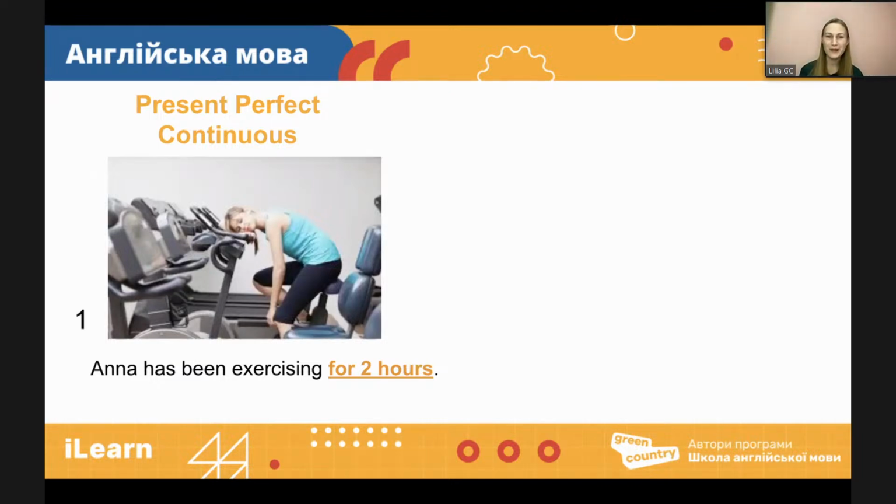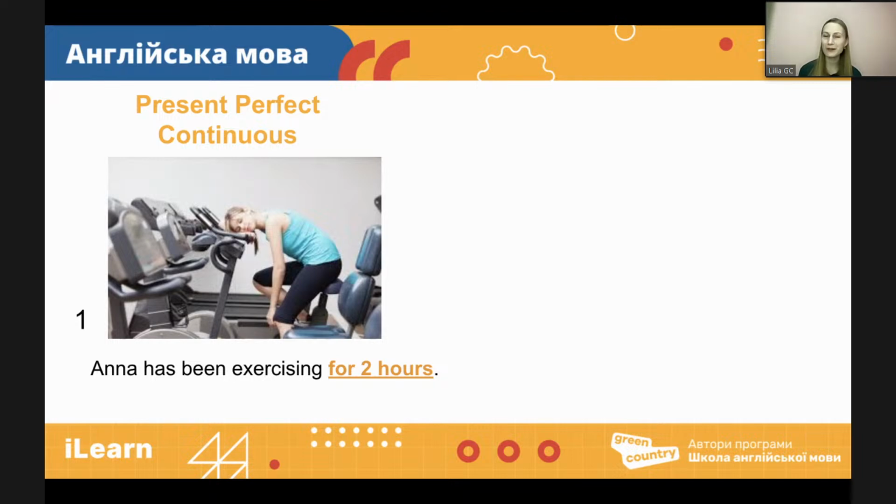And we mention it in present perfect continuous, because we don't have the clear result, looking at the picture. Do you see her muscles? Or do you see her increased strength? I don't. I just see a tired girl, right? But we know that in order to feel tired, you should spend some significant amount of time exercising.